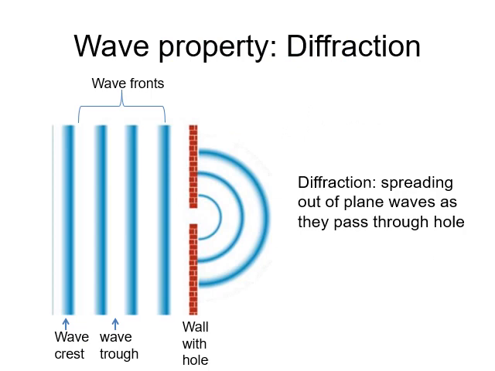A wave has some properties that a particle does not have. One of these properties is called diffraction. When a plane wave is blocked by a wall with a hole, this wave can pass through the hole and spread out, and this is called diffraction. Suppose you have a ping pong ball, it can either go through straight or be blocked by the wall.